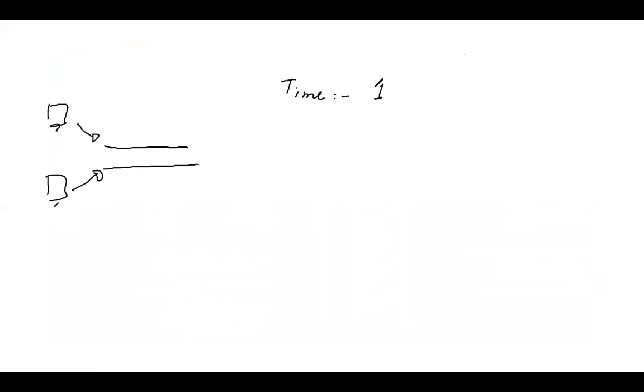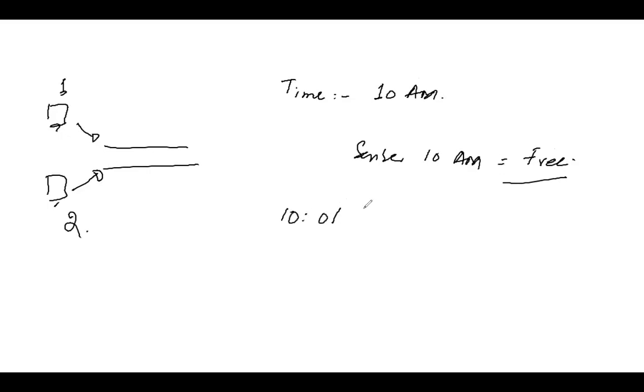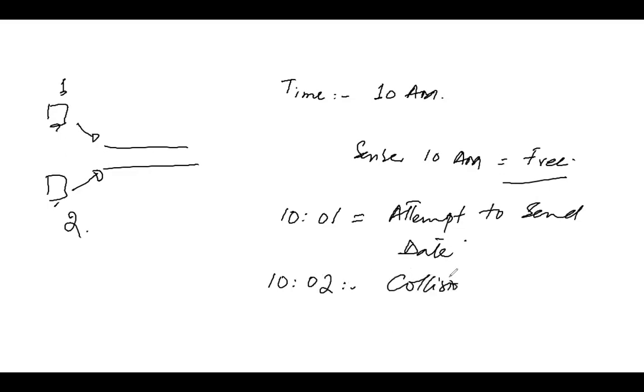The time is 10 a.m. Computer number 1 and computer number 2 both sense the system at 10 a.m., and the link or the network is free at 10 a.m. Then in the next clock pulse, that is 10:01, they attempt to send data, and their data reach this link at 10:02, then there is collision between the packets of 1 and 2.